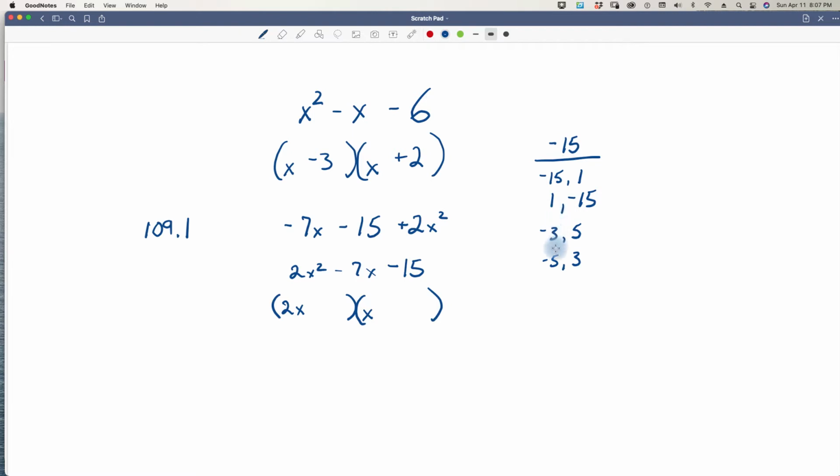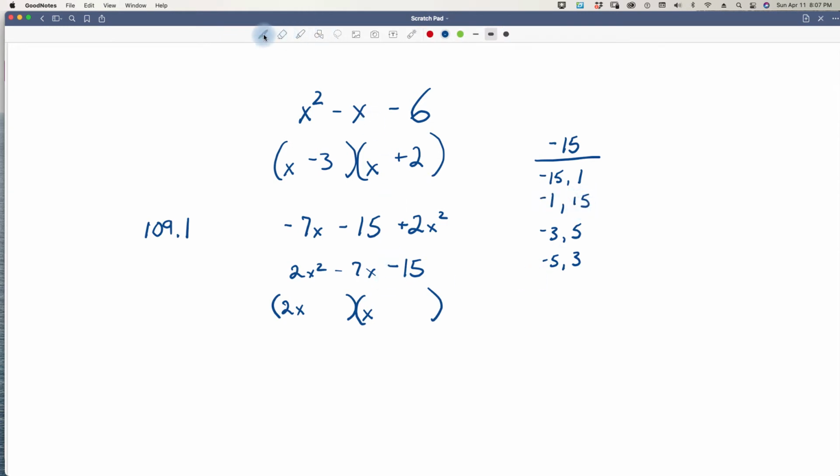But now we have to multiply one of them by 2 and then combine it to get -7. So why don't we just go down the line and see what we get? I did the same thing here, didn't I? This should have been a -1, +15.